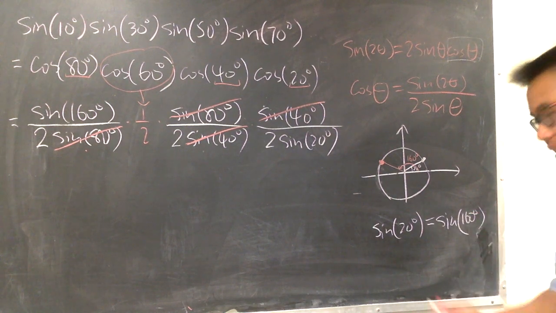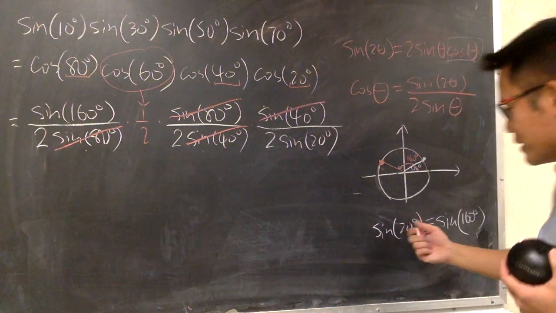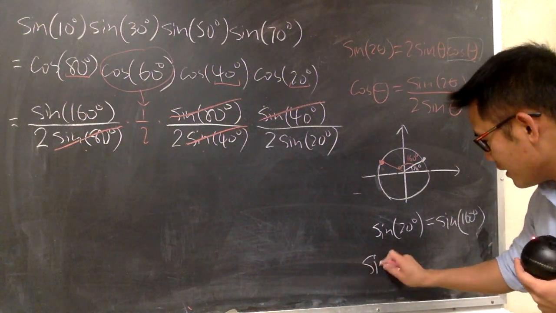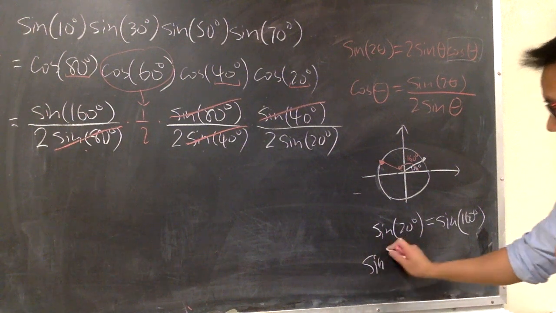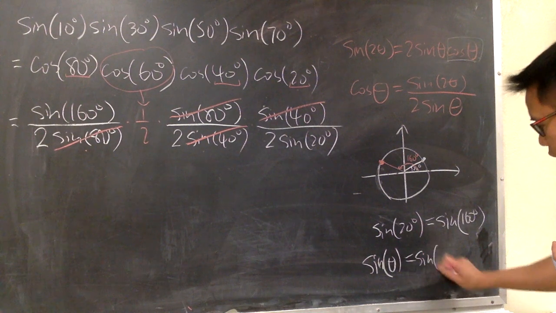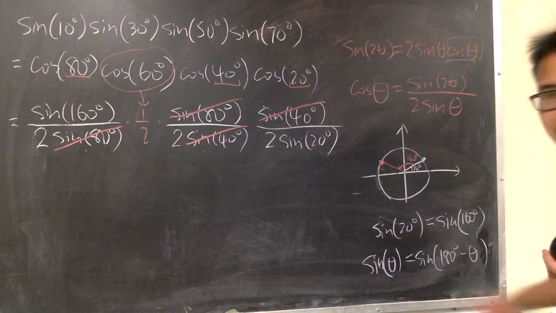And the deal is, if these two angles add up to be 180 degrees, then the sine values will be the same, okay? If you want to see an identity, that's this one. Sine of theta is equal to sine of 180 degrees minus whatever the theta is, okay?